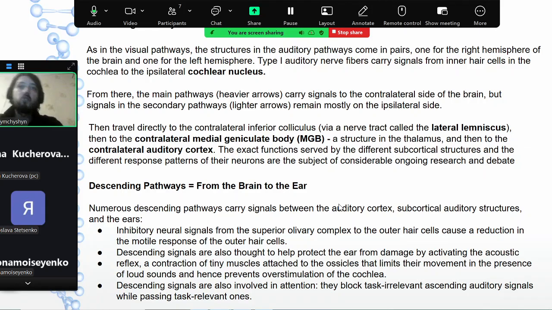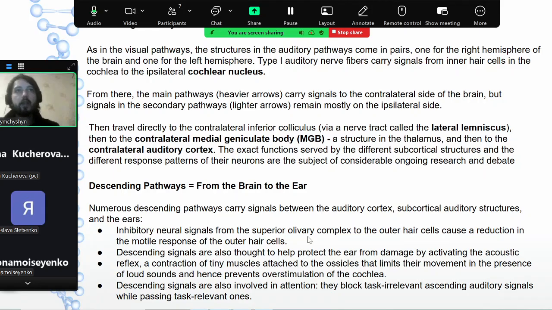So like inhibitory neural signals from the superior olivary complex to the outer hair cells, they cause a reduction in the motile response of the outer hair cells. So you are like controlling that amplifier.